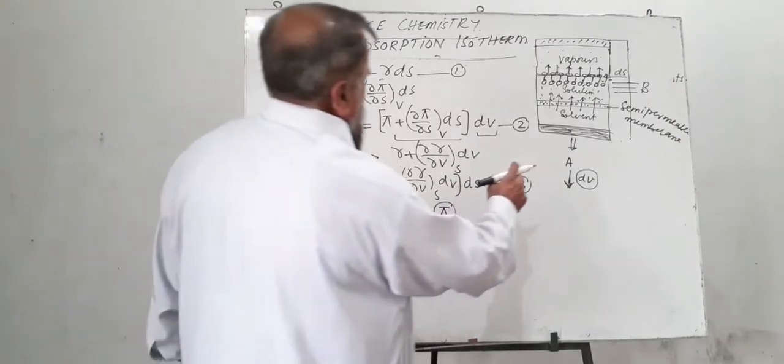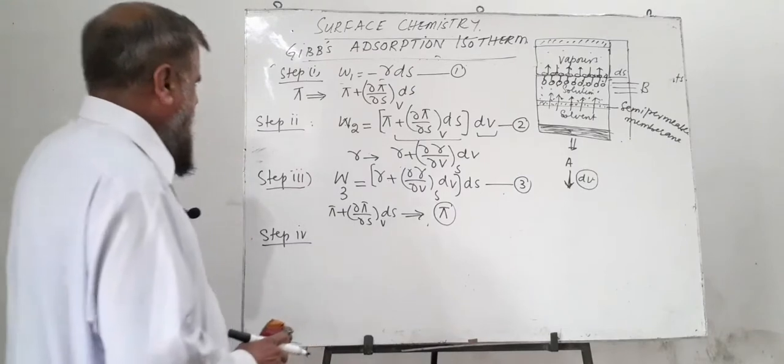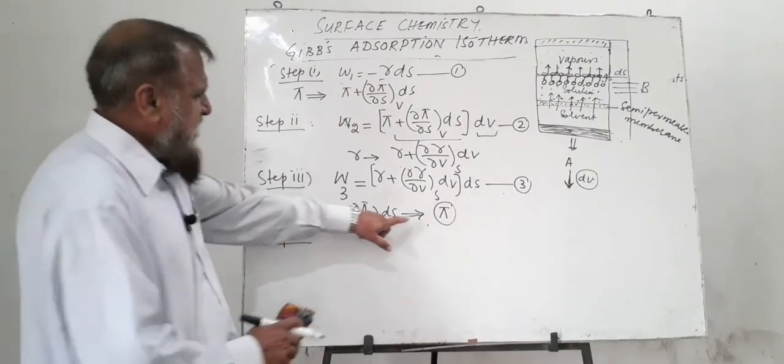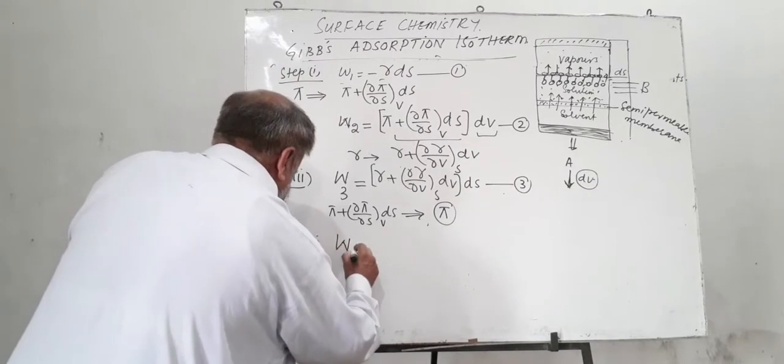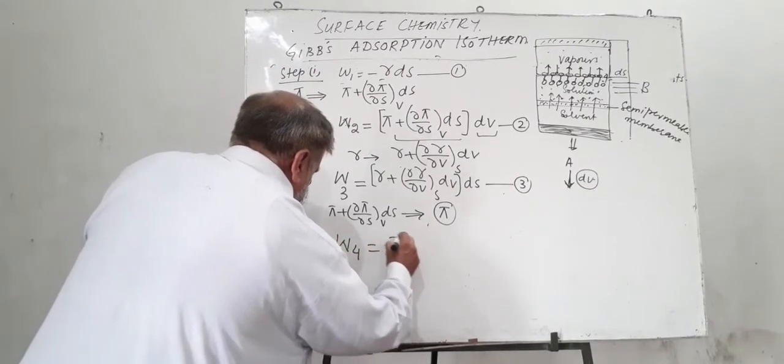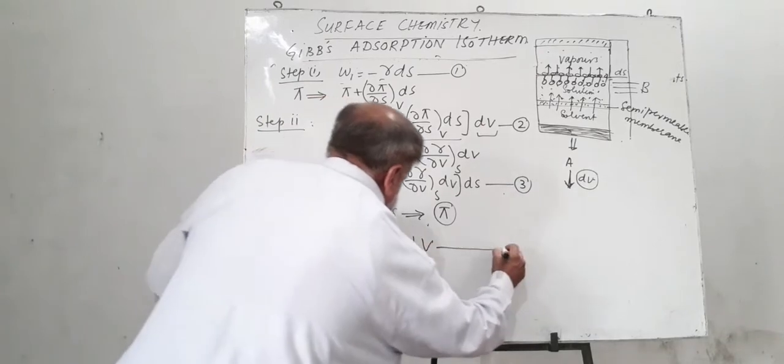Now here the work is done against the force of osmotic pressure, which has changed to π. Therefore, the work done in this case, W4, will be given by π dV, equation number 4.